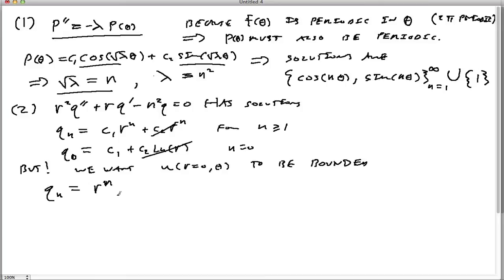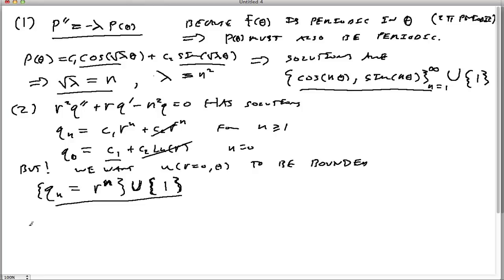That's one set of solutions. Union, and then we have this constant here, just C. We can just call it 1. Of course, we can take any linear combination of these solutions to create new solutions. All right, so these are the solutions in theta, and these are the solutions in R.